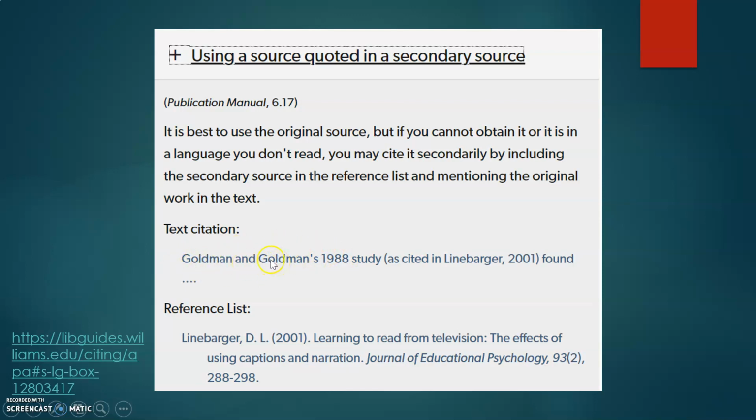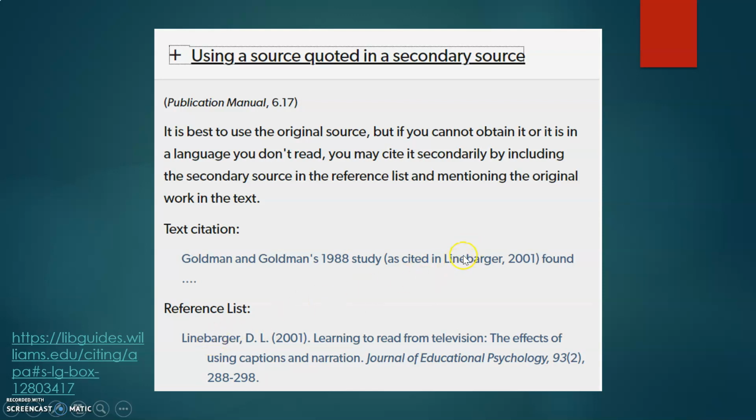So I start my citation with reference to those authors, and in the end, in parentheses, I say "as cited in", and I give the source I got in my hand. You see, this is the source I will share on my reference list.